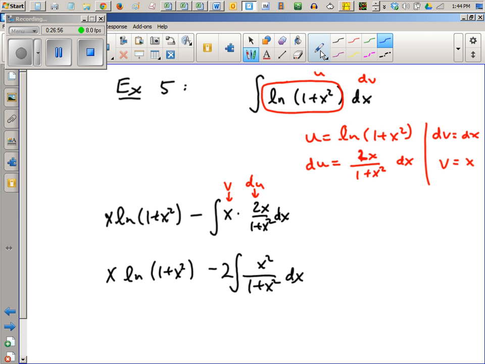So what you want to do is long division here. How many times does 1 plus x squared go into x squared? This is what we call an improper fraction, where the top and bottom are equal degree, or the top has a bigger degree. Long division will clean that up. So let's write this as x squared plus 1 goes into x squared how many times?